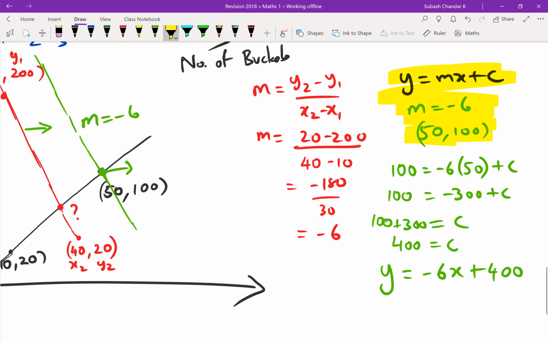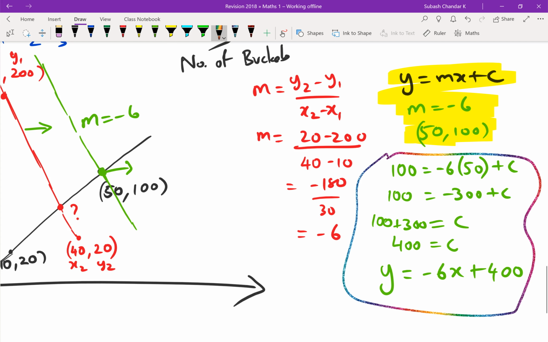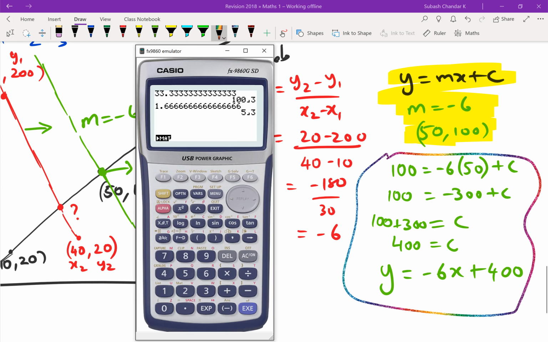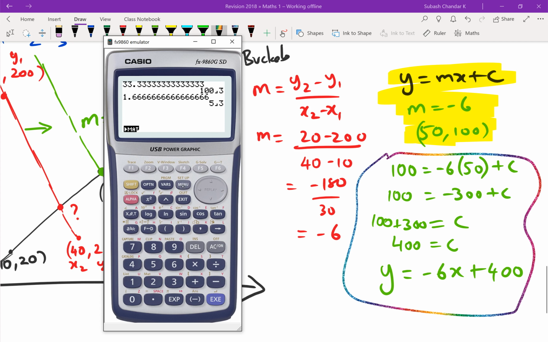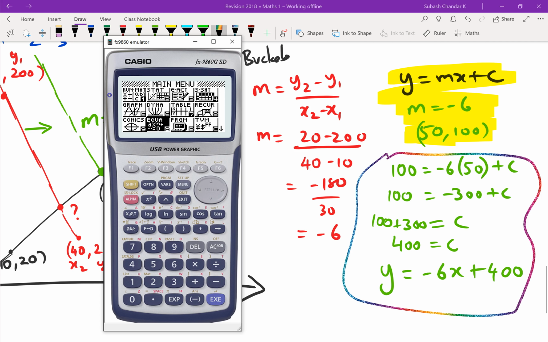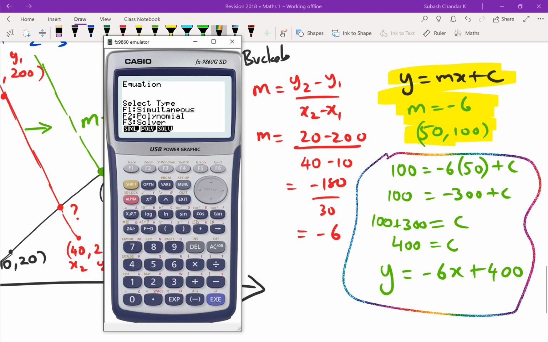Now, I want to show you this last bit here. Let's say you're struggling to do this part, you're not happy doing that part. Then go into the graphics calculator. You click on menu. Go into equation. And watch, this is the ultimate one that I'm going to show you guys. Trust me, this will be so much more fun. There's a thing called solver.